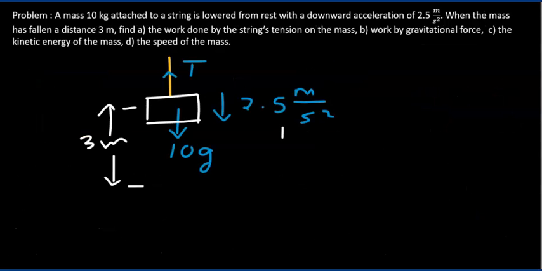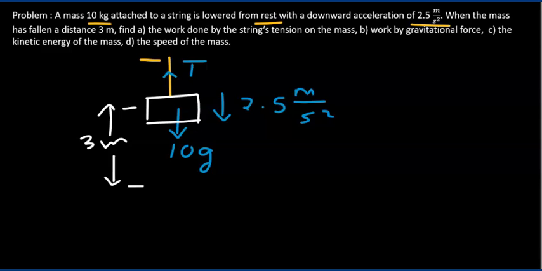A second problem. A mass 10 kg attached to a string is lowered from rest with a downward acceleration of 2.5 meters per second squared.